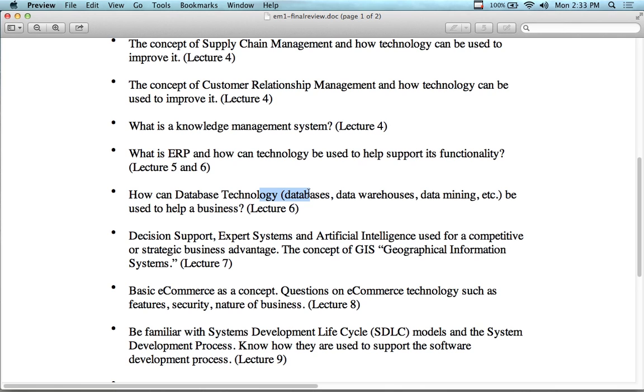Don't study data mining. Talk about databases. I don't like data warehouses. Then talk about databases. If you're in my Oracle class, you know about database technology. So you can talk about all the ways a database can help a company.